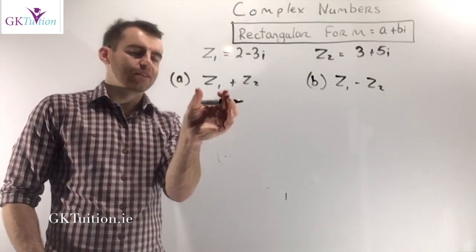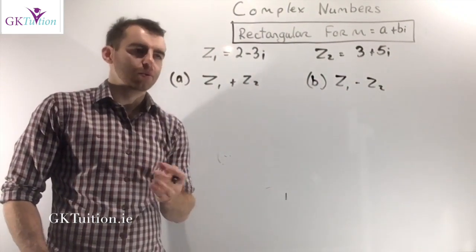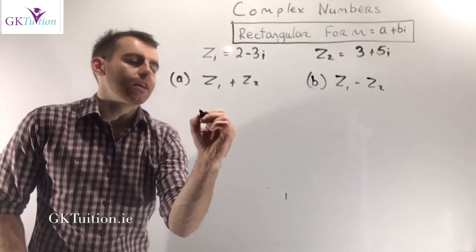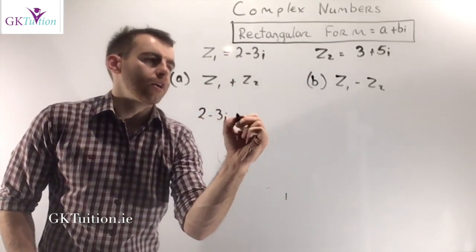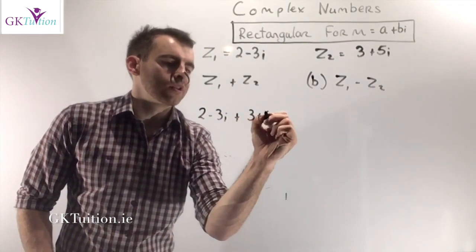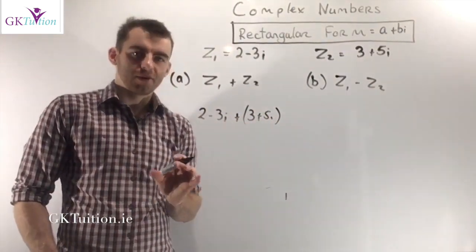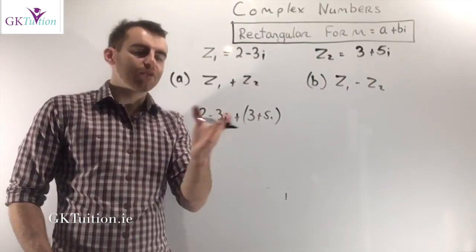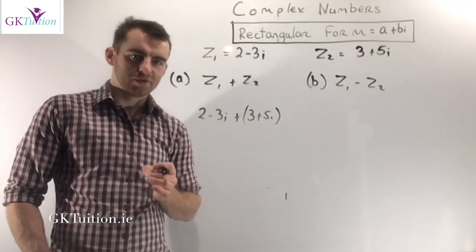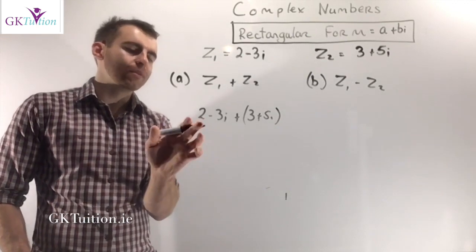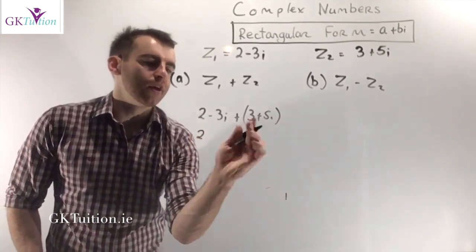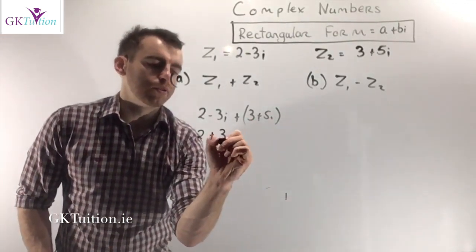If I asked you to get z1 plus z2, that just means you're adding z1, which is 2 minus 3i, and you're going to add 3 plus 5i. In order to add complex numbers together, all you need to do is add the real elements together and add the imaginary elements together. So the real elements in this case are a 2 here and a plus 3 here, so just 2 plus 3.